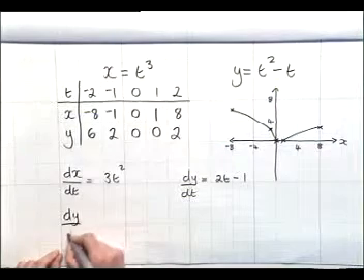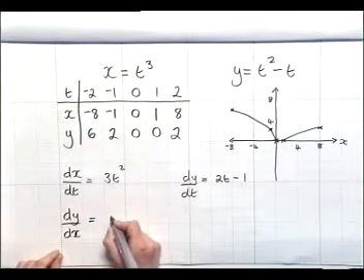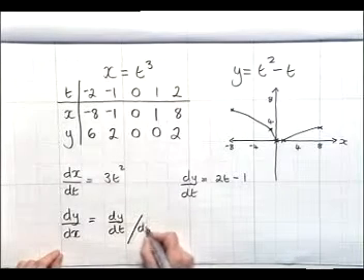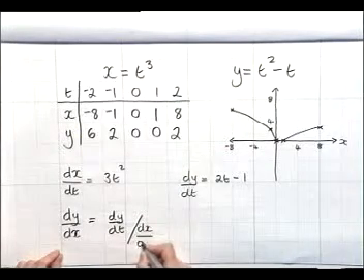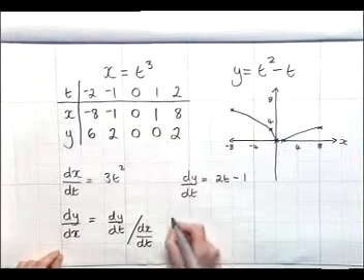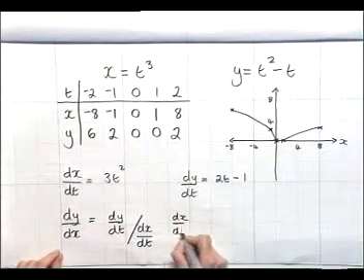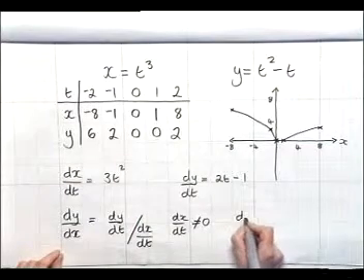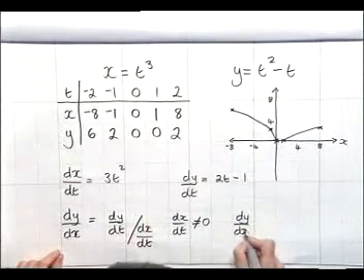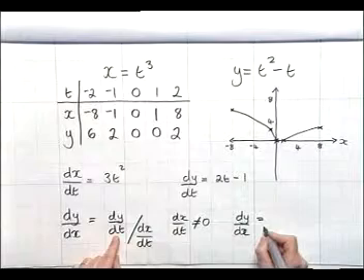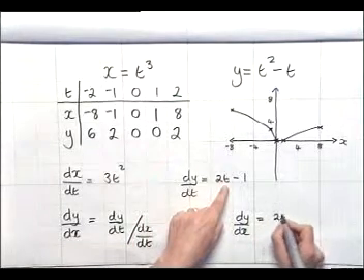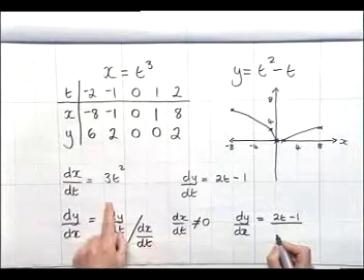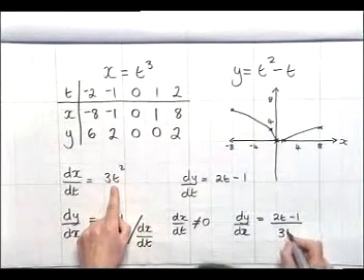Again, using the chain rule, dy by dx is equal to dy by dt divided by dx by dt, again assuming that dx by dt does not equal 0. So if we substitute for our dy by dt, we get 2t minus 1 divided by our dx by dt, which is 3t squared.